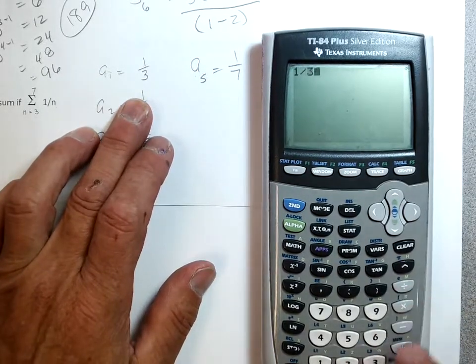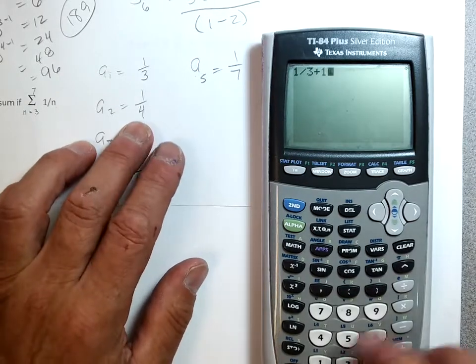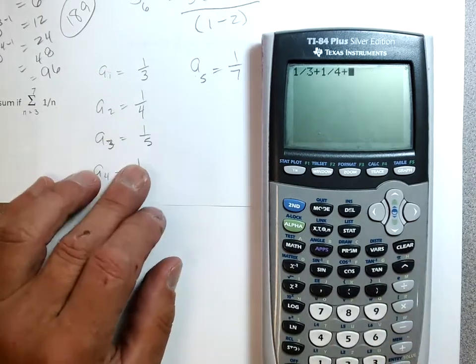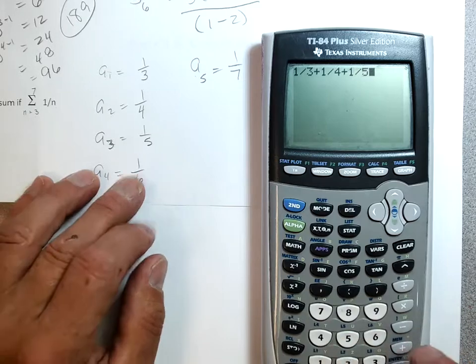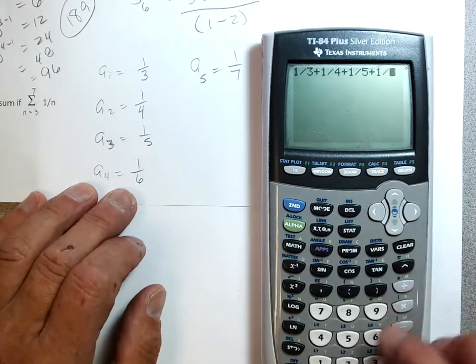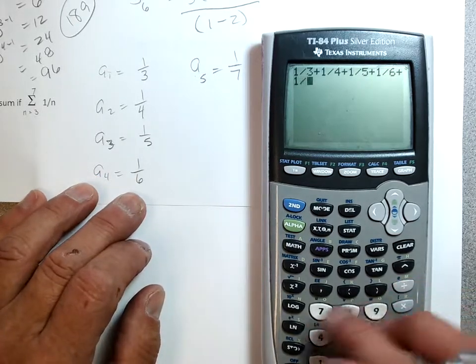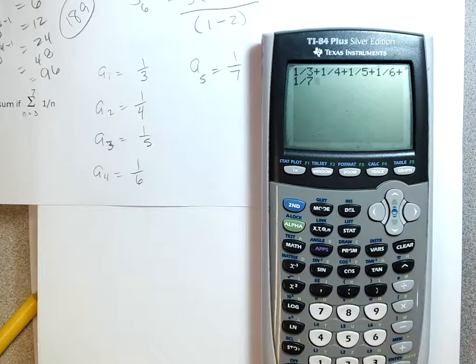1 divided by 3 plus 1 divided by 4 plus 1 divided by 5 plus 1 divided by 6 plus 1 divided by 7. So just let my calculator do the work. Enter, and I get a big old ugly decimal, 1.0 and so on.